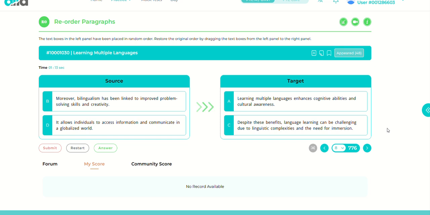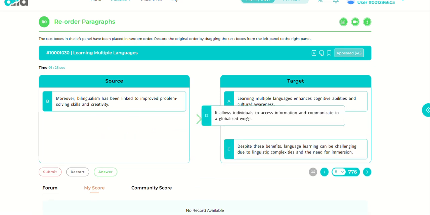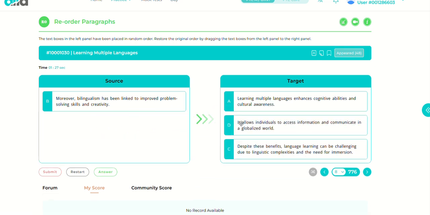Then there is "It allows individuals to access information and communicate in a globalized world." This is another benefit, so I believe this one will be here second. It refers to learning multiple languages.